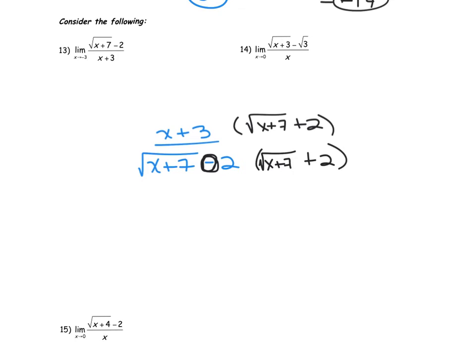Now, the only difference here is they're reversed. So what we're going to do is multiply the top and bottom by the conjugate of where you see the radical. So I'm actually going to multiply the top and bottom here by the square root of x plus 7 plus 2 all over the square root of x plus 7 plus 2.